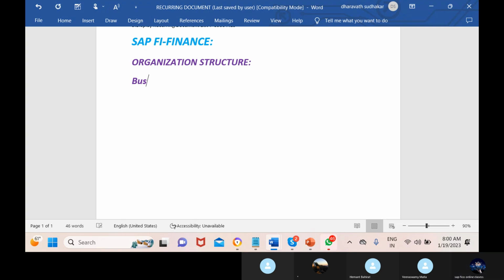Now one more thing we have, credit control area. Our friend Hemant's main motive is to establish an EV plant like the Tesla company.